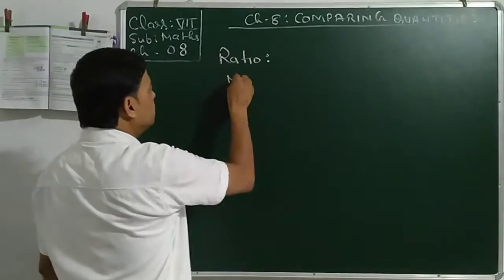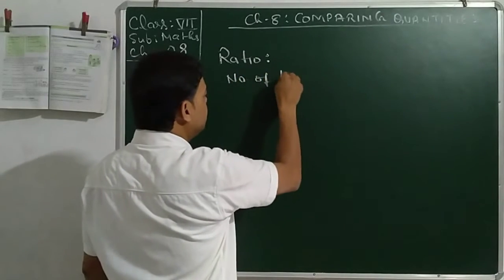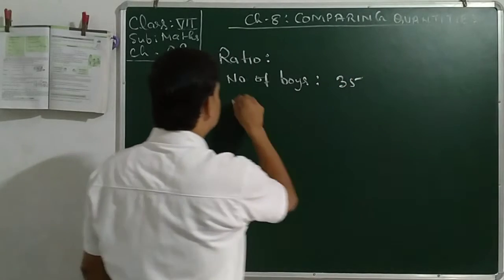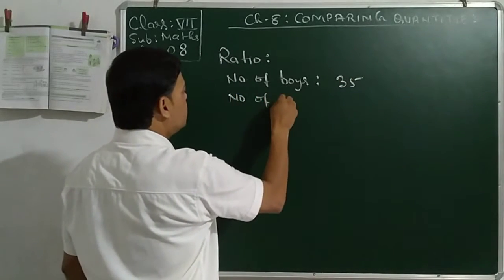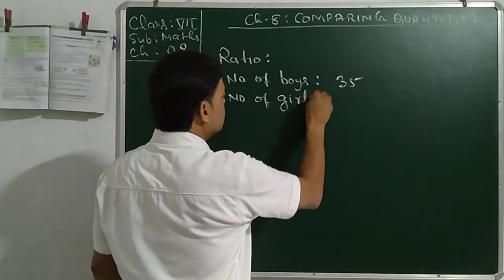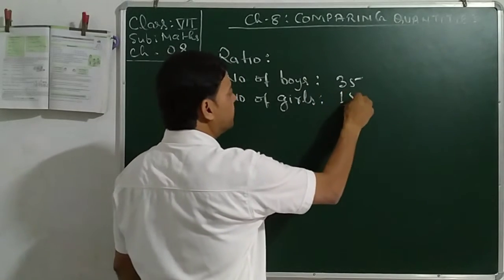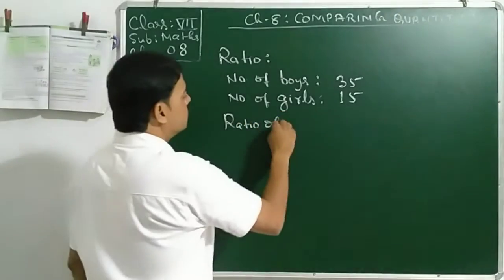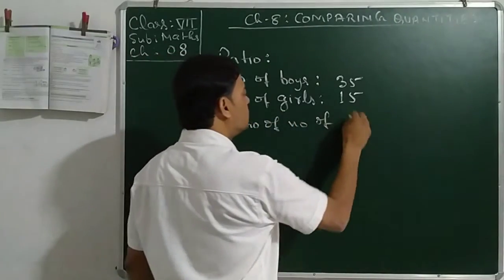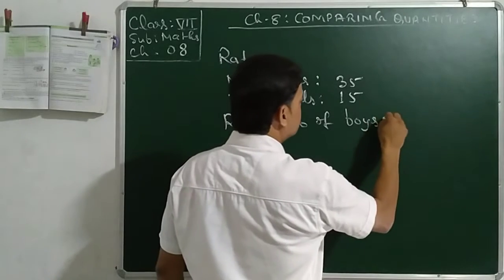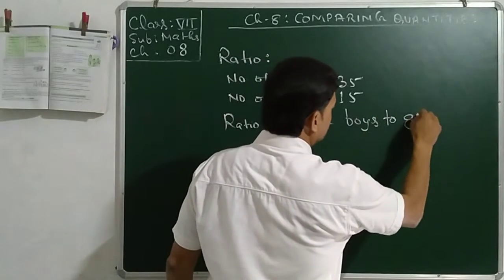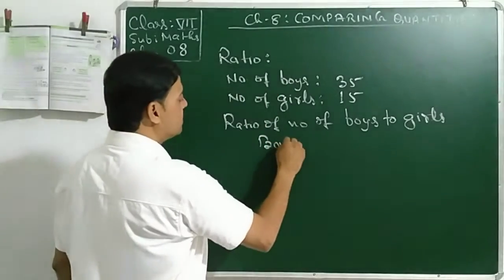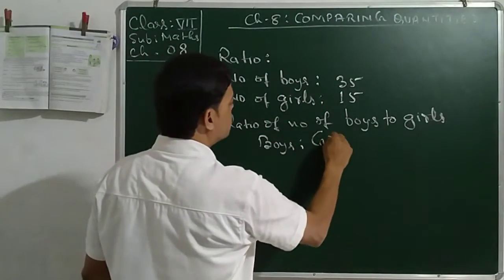Assume that the number of boys in your class is 35 and the number of girls is 15. Then the ratio of the number of boys to girls, we will write as boys is to girls.